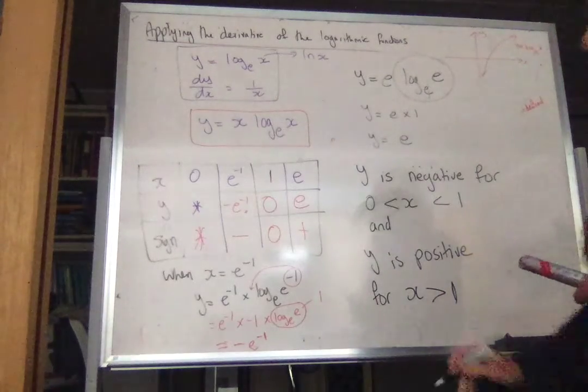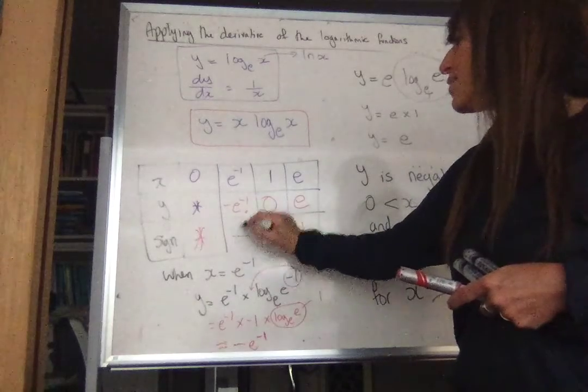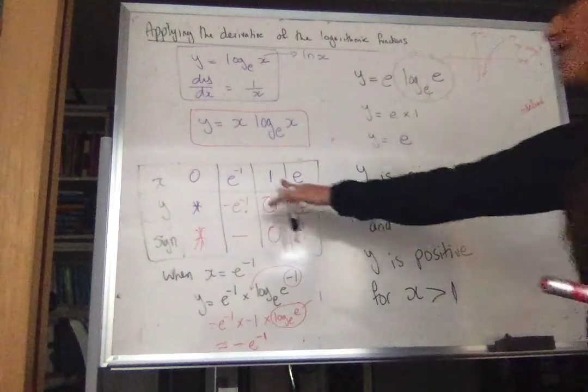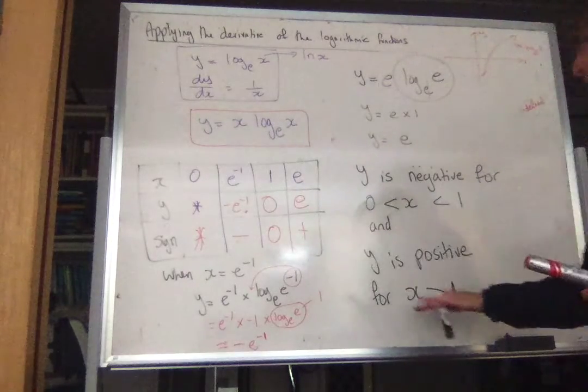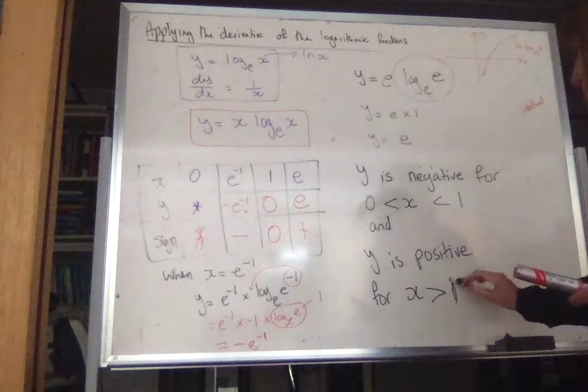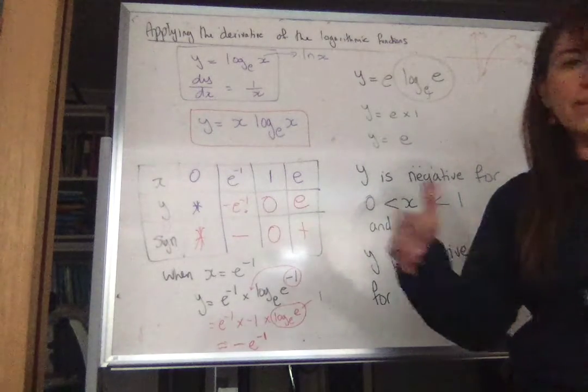So between here and here, we have a negative function, and when x equals 1, y equals 0, and then we have the positive on this side, and e is greater than 0 because e is 2.718 and so on.